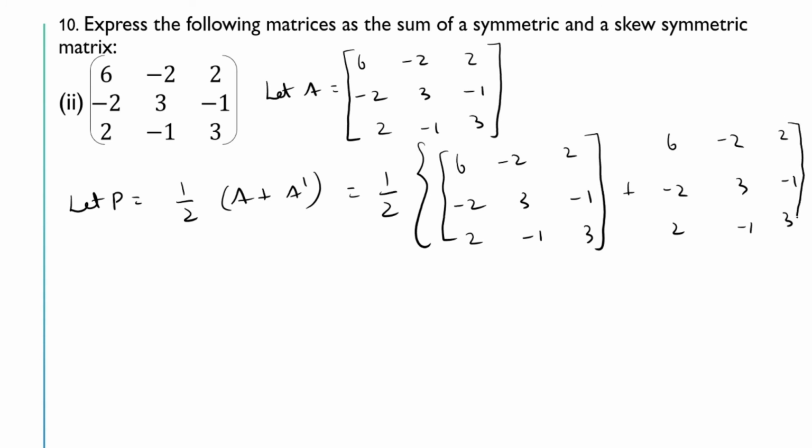Now we can add these two matrices. So this is equal to half of 6 plus 6 is 12, minus 2 minus 2 is minus 4, 2 plus 2 is 4, minus 4, 6, minus 2, 4, minus 2, 6.